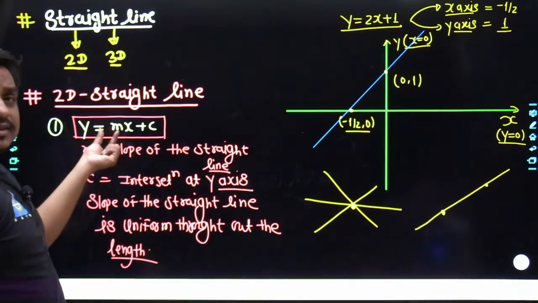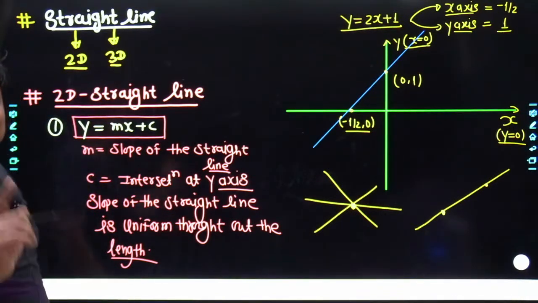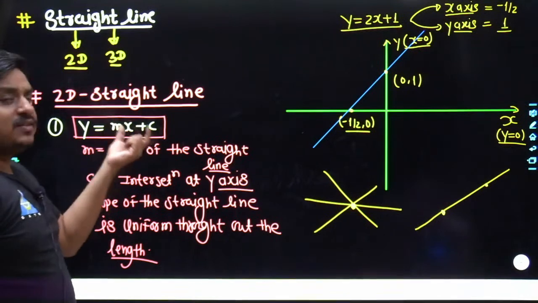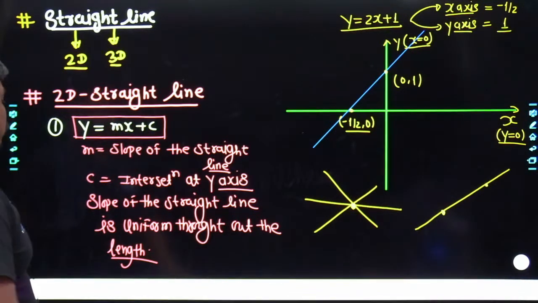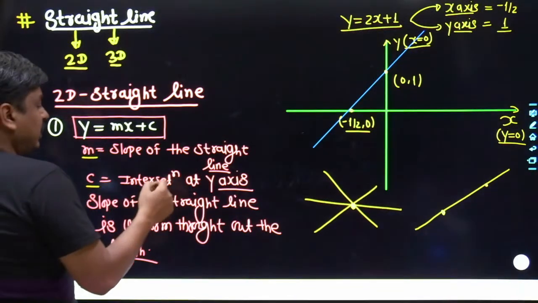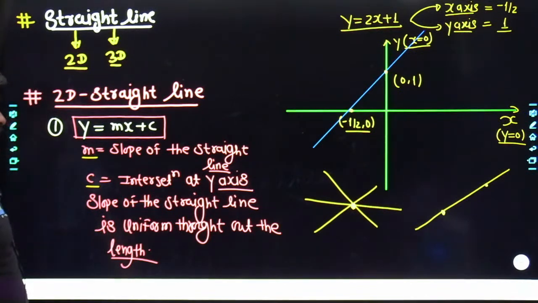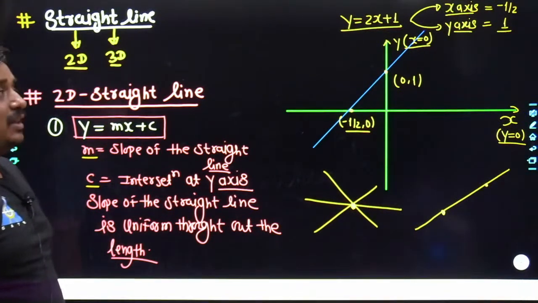What does m state? The m states the slope of the straight line. Similarly, the c states the intersection of the straight line over the y-axis. The next thing is that the slope of the straight line is uniform throughout its length. What does that mean?